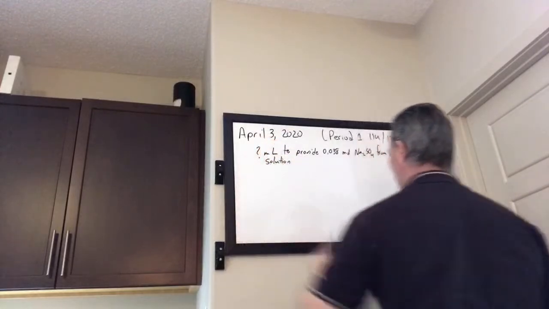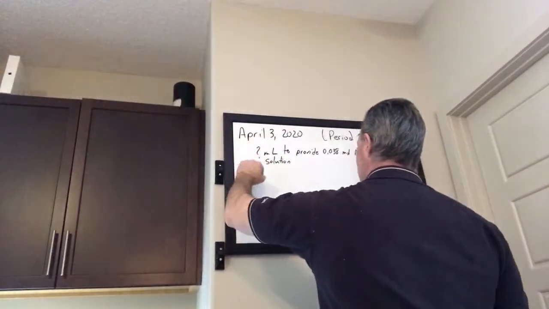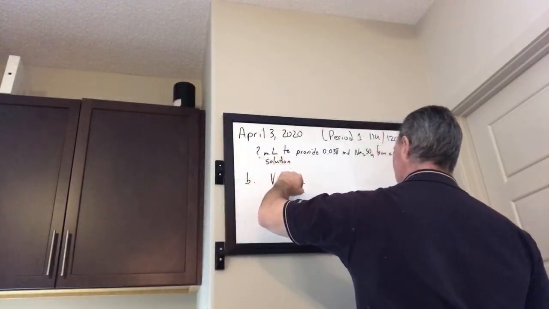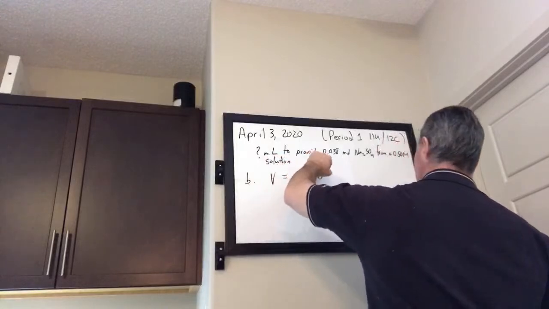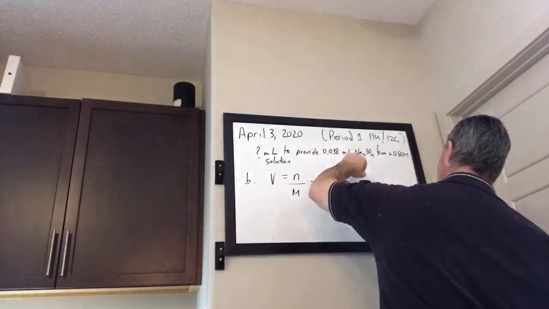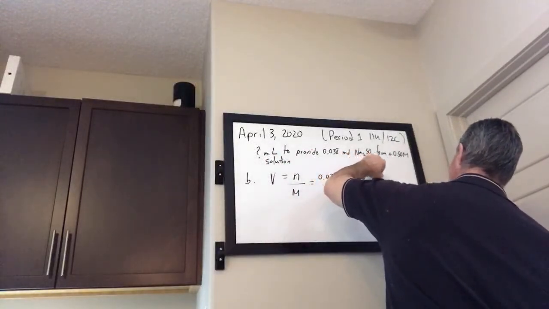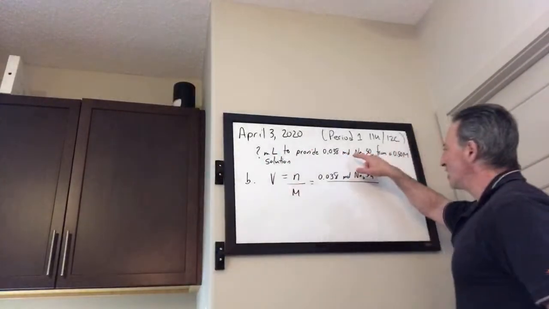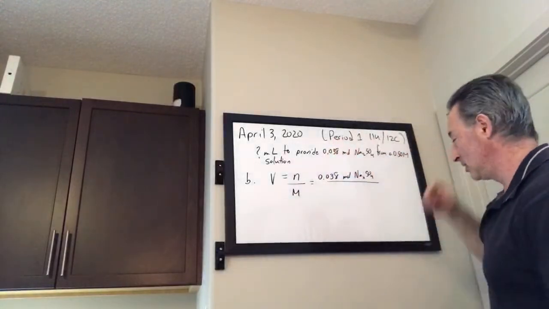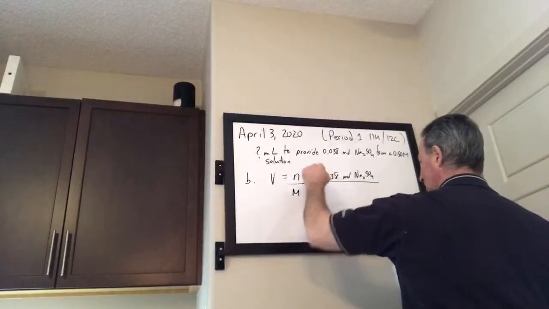So we're looking for a volume. So we're going to use this version of the equation. Volume is equal to the number of moles divided by the molarity. And so we enter the number of moles, 0.038 moles of sodium sulfate. Instead of writing the whole word mole, you can leave out the E, and it's MOL, an abbreviation. That's just as well.